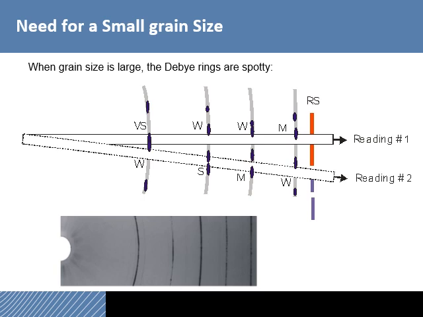If you zoom into those rings and look at different paths that you might take, because if you recall, I mentioned that the diffraction pattern is basically a slice out of this film, depending on where you slice it, you could get differences in intensity. So in the case of reading 1 on the slide, following this path, in this particular position we happen to have complete blockage or a high intensity.